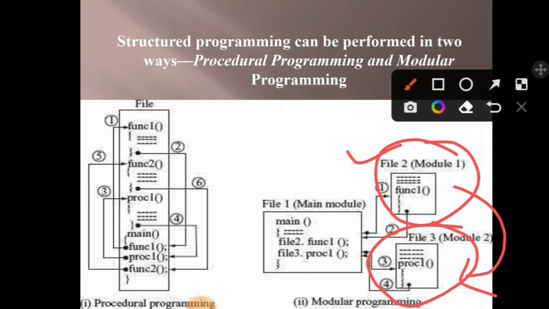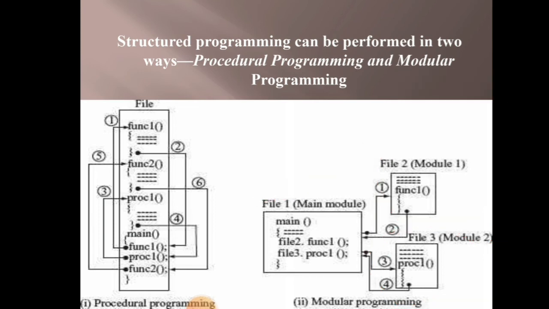If you want to access all the modules together, that is possible only by using the main module. By using the main module, you can access all the modules. That is nothing but modular design.